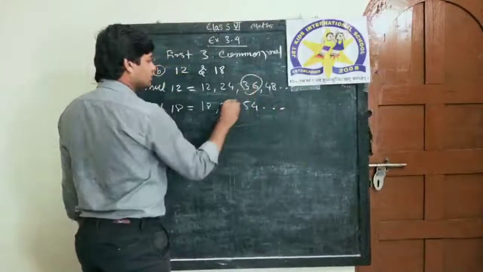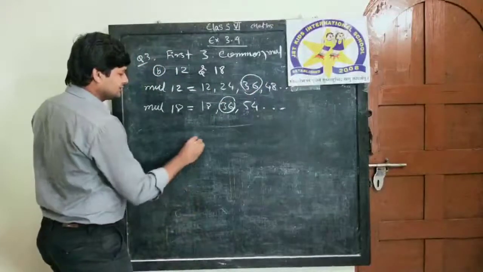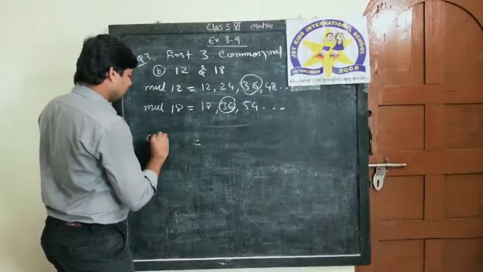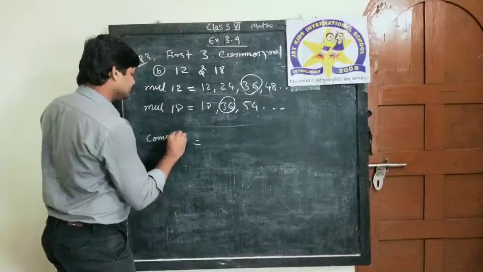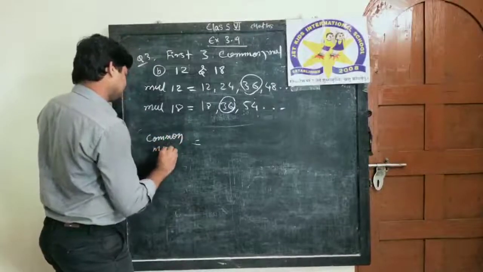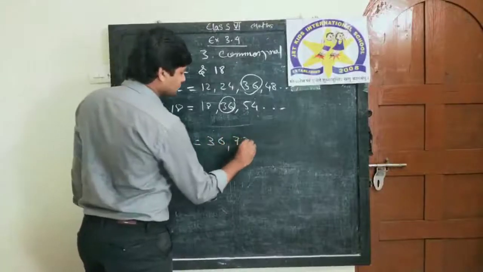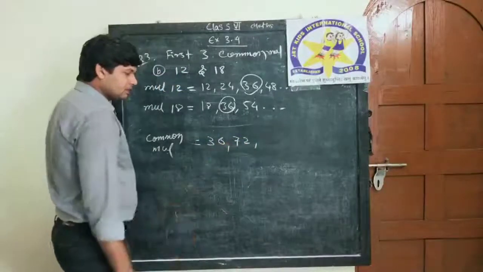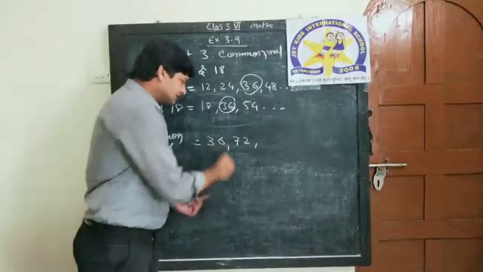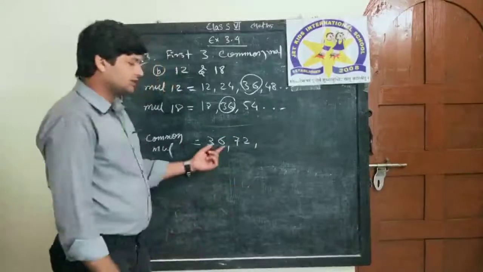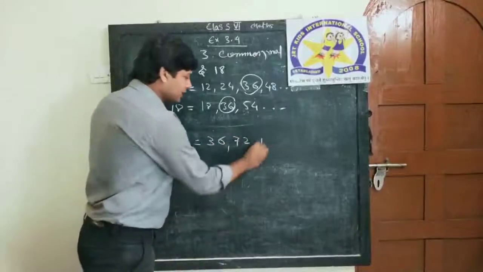So here we got our first common multiple, 36, and the common multiples will be first 36, then 72, then 108: 36 ones are 36, 36 twos are 72, 36 threes are 108.